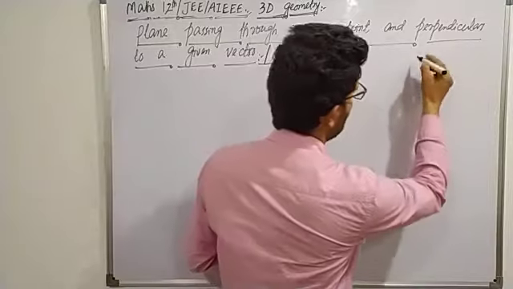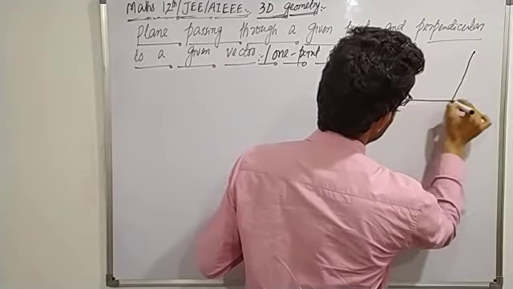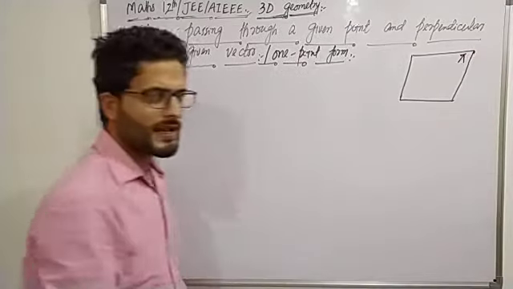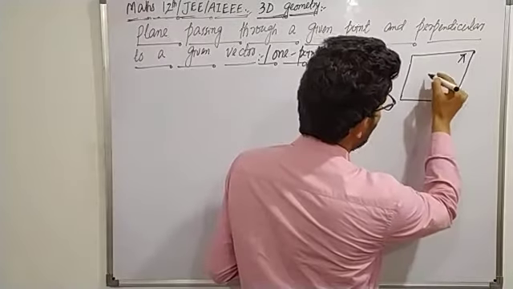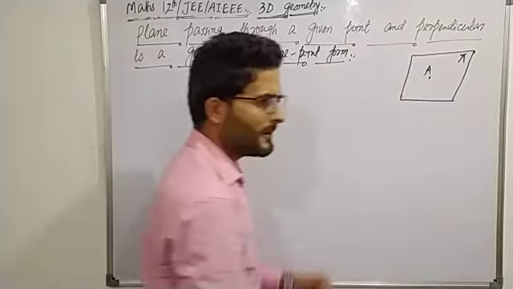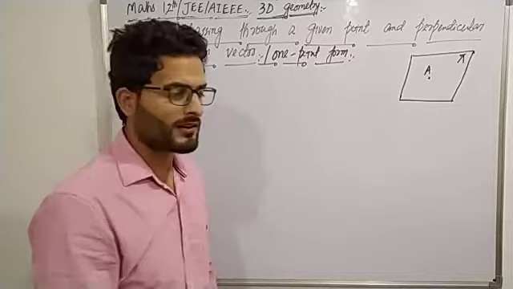So let us consider a plane. हम यहाँ पे एक plane को consider कर रहे हैं like this, and let this plane be named pi. Suppose इस plane का नाम pi है और ये pass हो रहा है through a point, and let that point be denoted by point A. This point A must have its position vector when we talk about the vector equation.